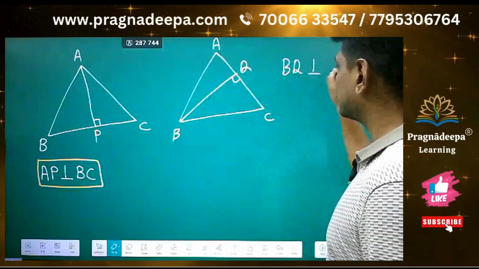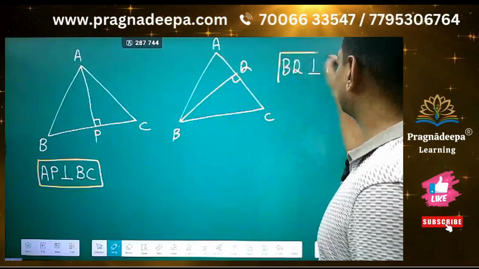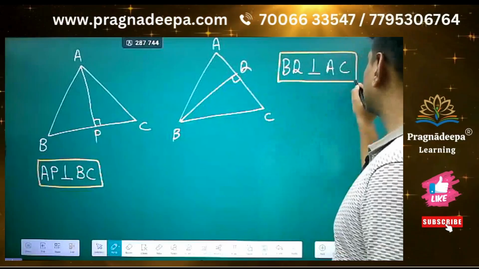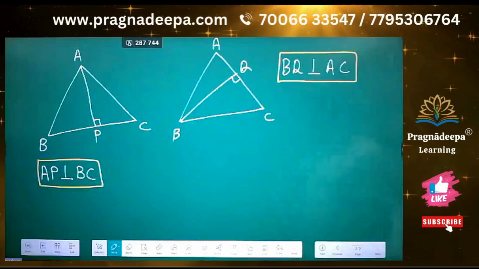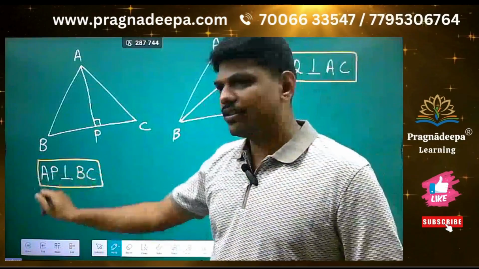So BQ is perpendicular to AC. In this scenario, what is the formula to find the area of a triangle? Half into AC into BQ. Half into base into height, correct? In this case, half into base, that is BC, into AP.